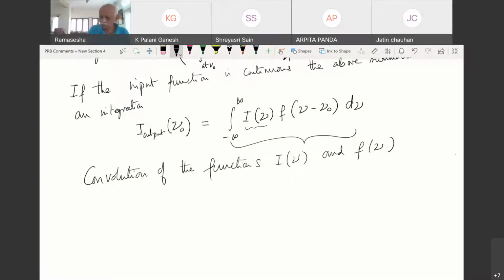So what it gives me is that the signal at nu naught is actually equal to the intensity of the input at frequency nu multiplied by the output at frequency nu, but the output function is defined at nu naught, so it has to be displaced by nu naught. And since you are taking the overlap to the left of the function, it has to be nu minus nu naught.